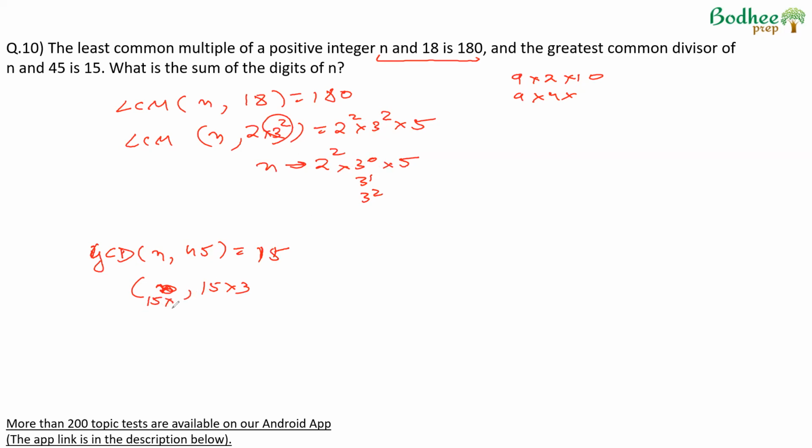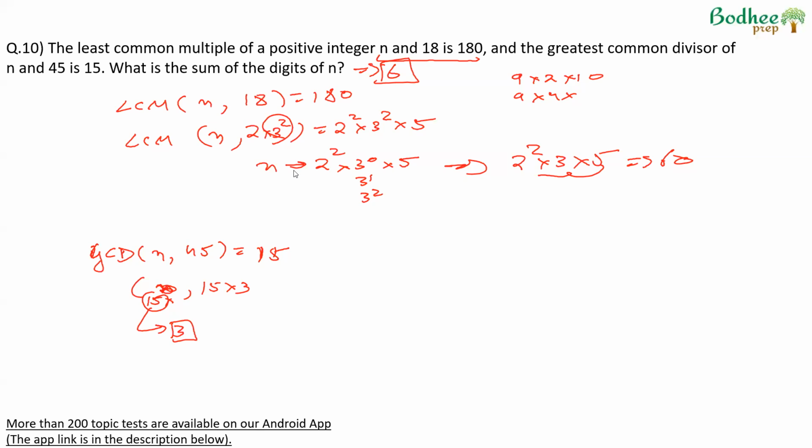So basically, from here I can say that n will have exactly 1 power of 3. And therefore, the value of n that we get is 2 square into 3 into 5, which is 60. What is the sum of digits of n? 6 plus 0, 6 is the answer that I will key in the answer box.